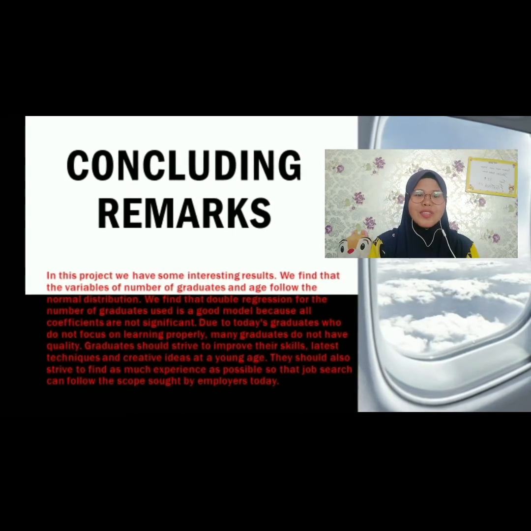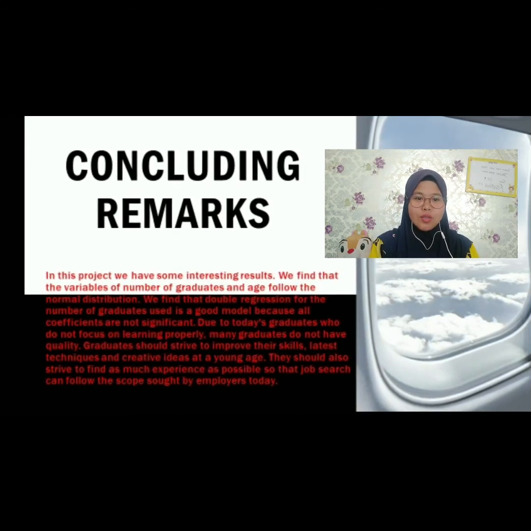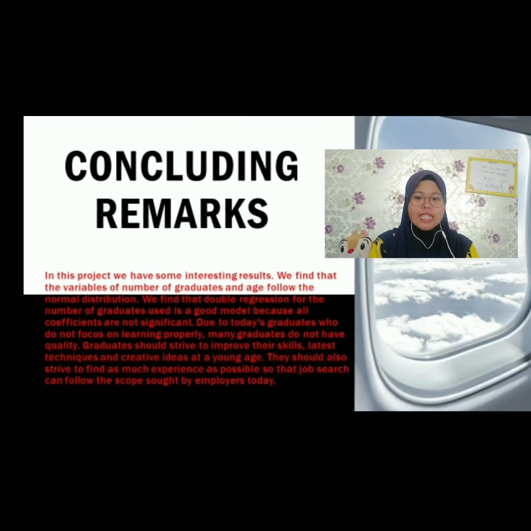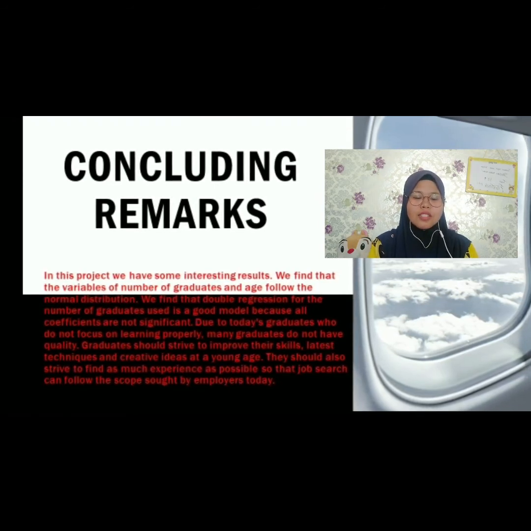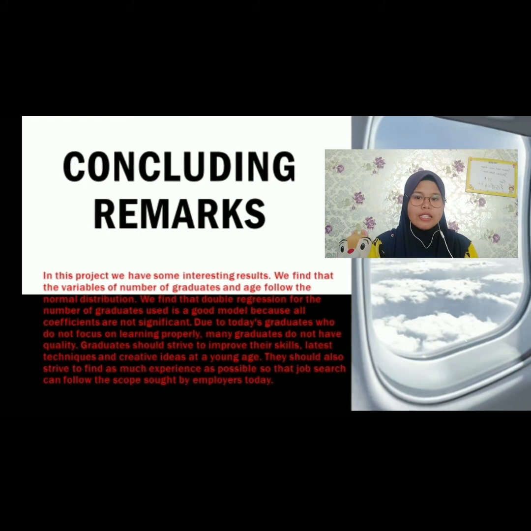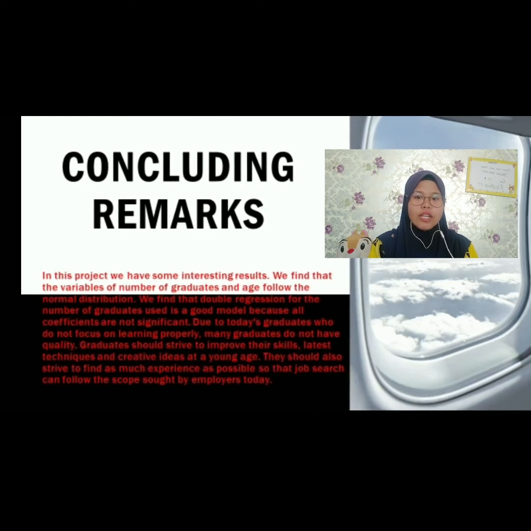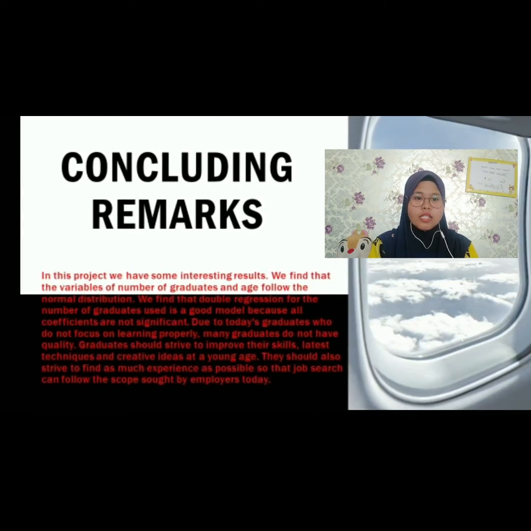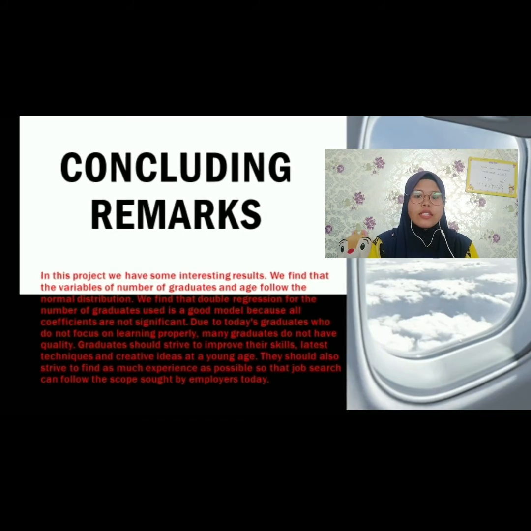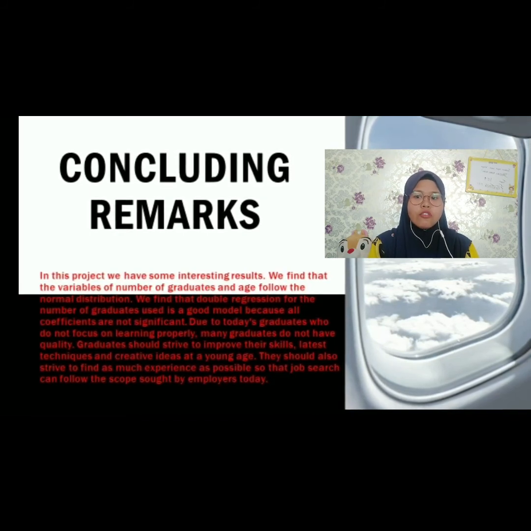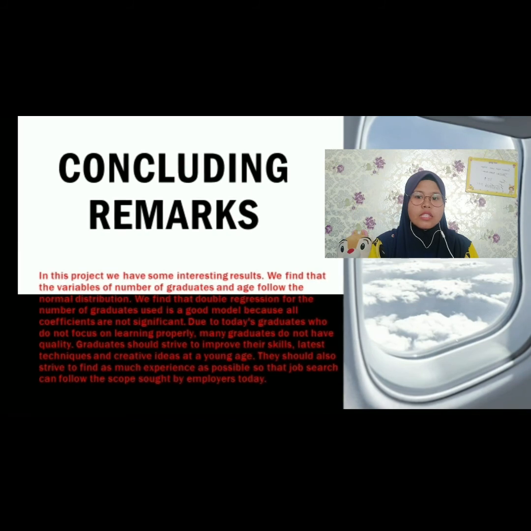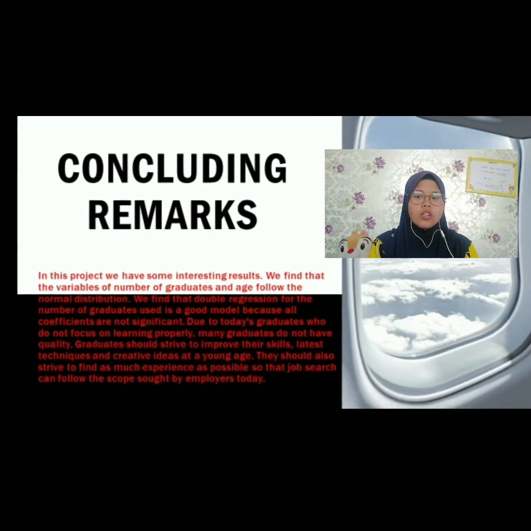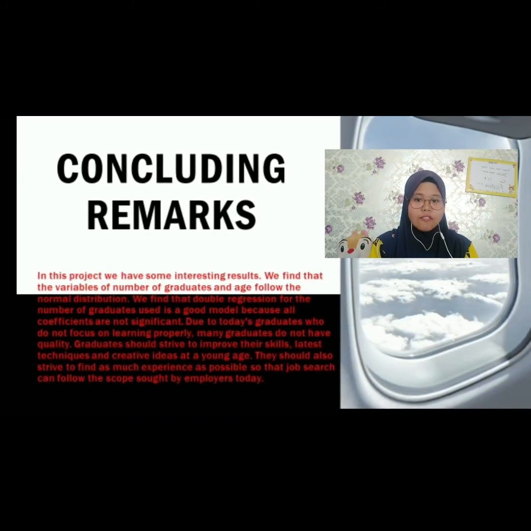Today I would like to explain the concluding remarks. In this project, we have some interesting results. We find that the variables number of graduates and age follow the normal distribution. We find that the multiple regression model for the number of graduates is not a good model because not all coefficients are significant.